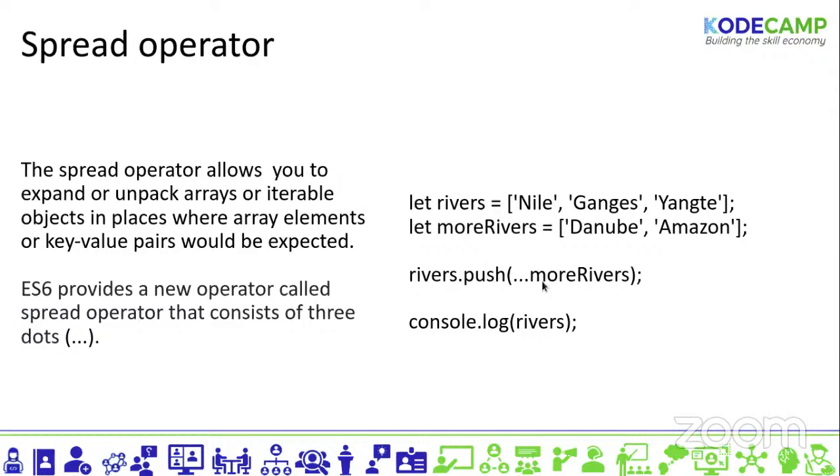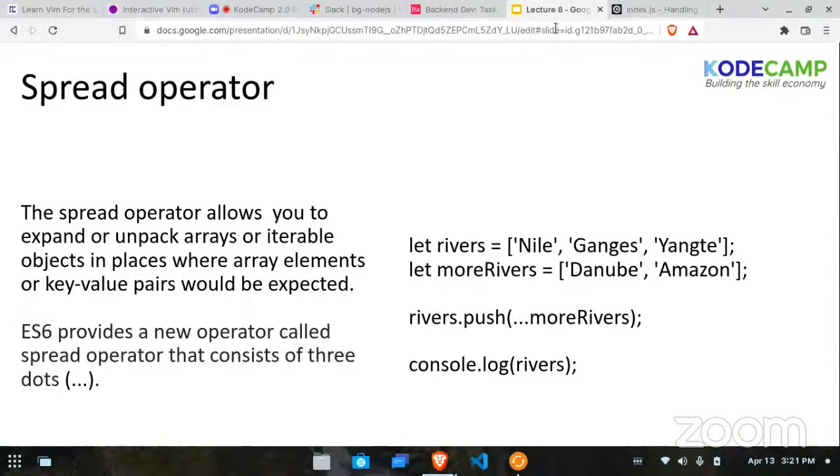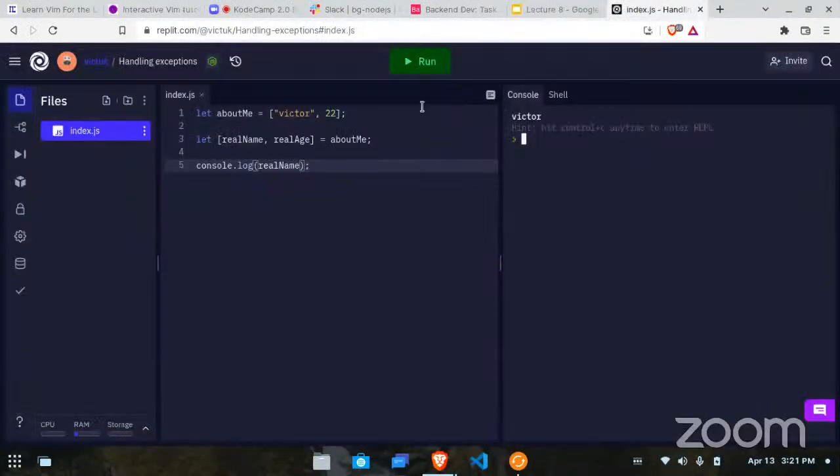This is going to unpack the values of this more rivers array and add them to this river. Since you're using push, of course, it's going to add them at the end, right? So let's see how that works. I'm going to do it with spread and without spread.